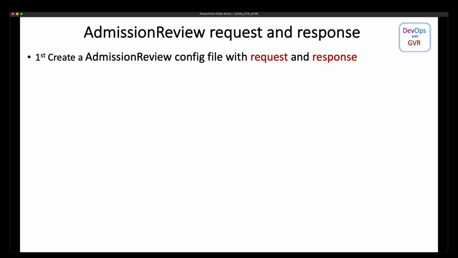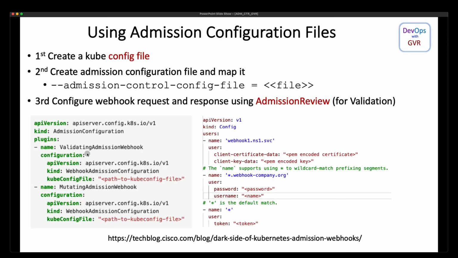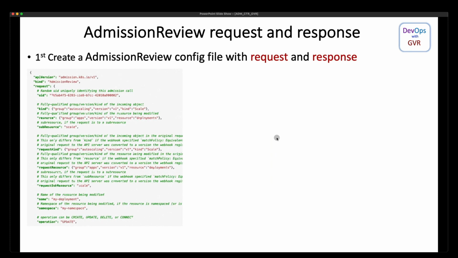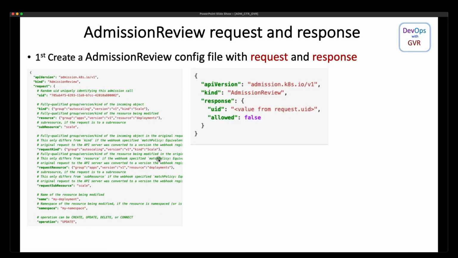Means if you define a validating and mutating webhook, it is not enough. Whenever you want to validate, read the request and read the response, and during the response do some operations, this has to be included in your code.